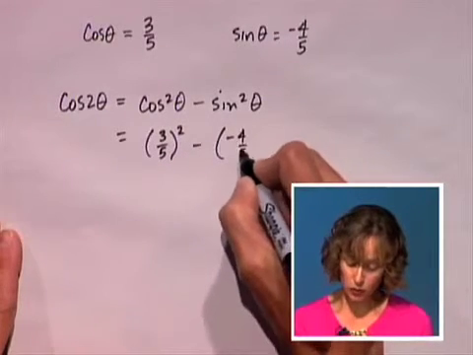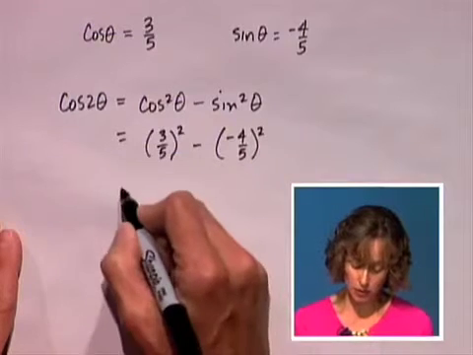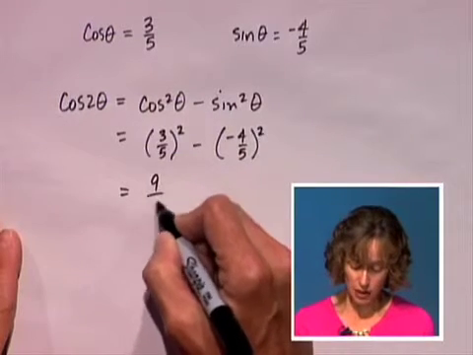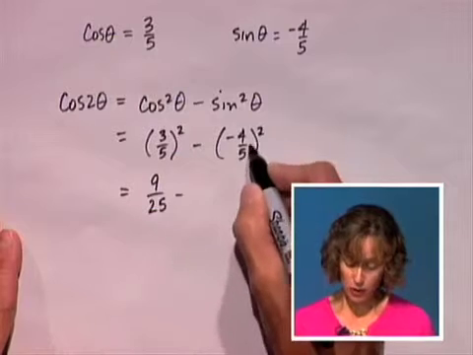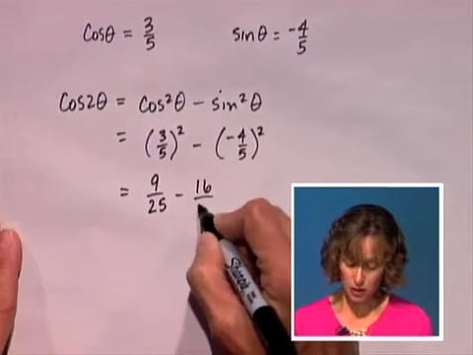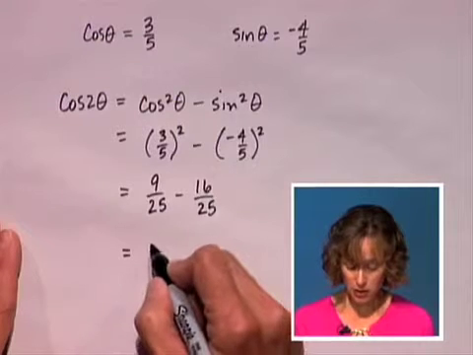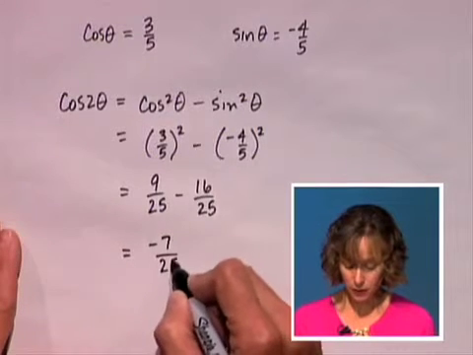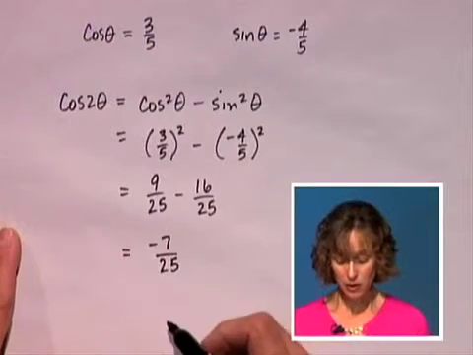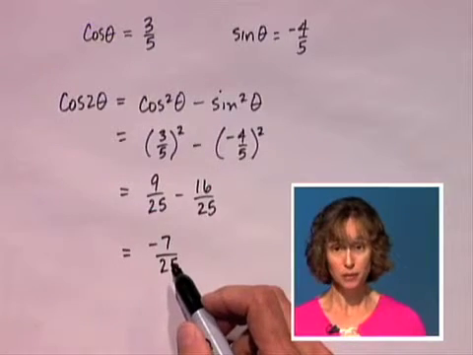We'll put in negative 4/5 for sine and square that. Squaring 3/5, I get 9/25. Squaring negative 4/5, I get 16/25, and now I need to subtract. 9 minus 16 is negative 7/25, and that's the cosine of 2 theta.